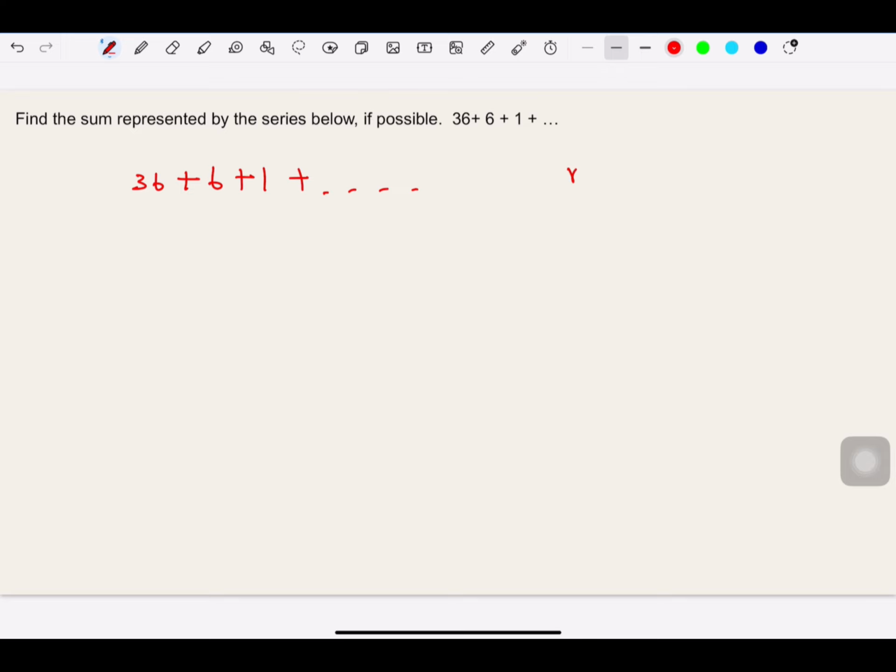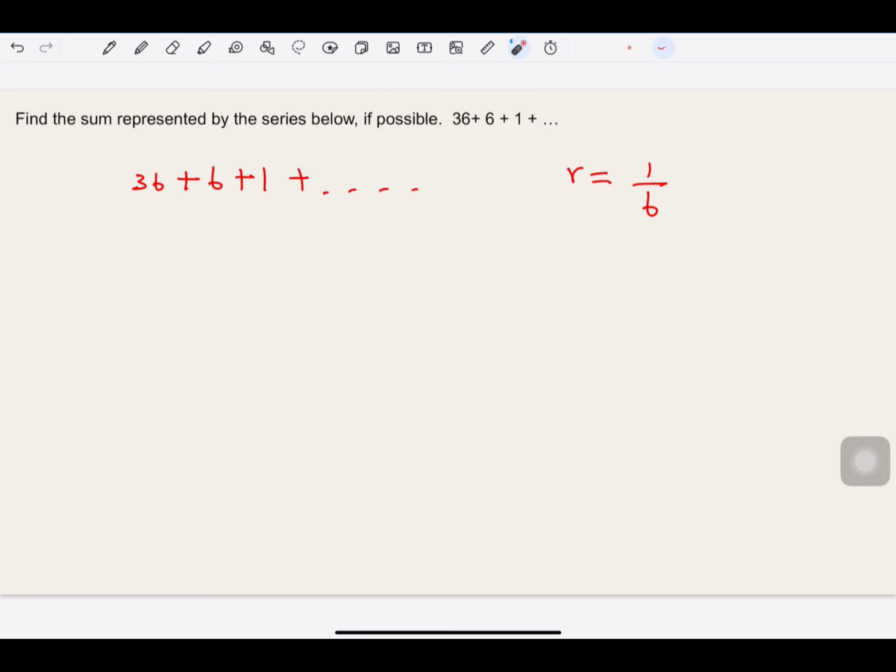The common ratio for this problem is 1/6. If you multiply 36 by 1/6, you'll get 6. If you multiply 6 by 1/6, you'll get 1. And to get the next term, you multiply 1 by 1/6.